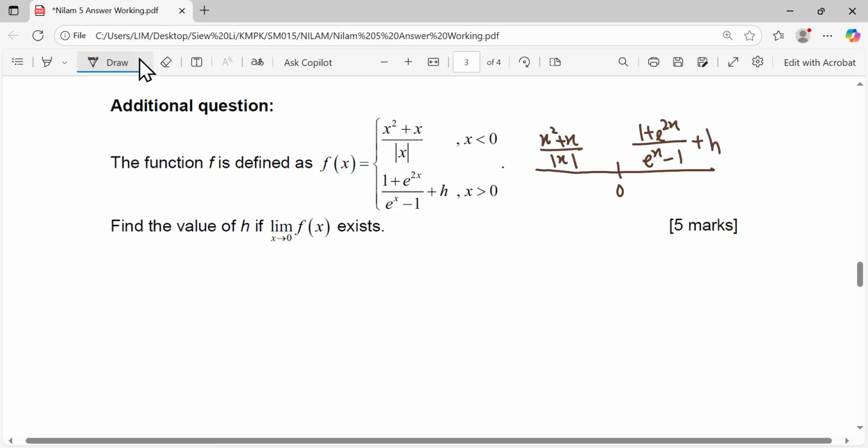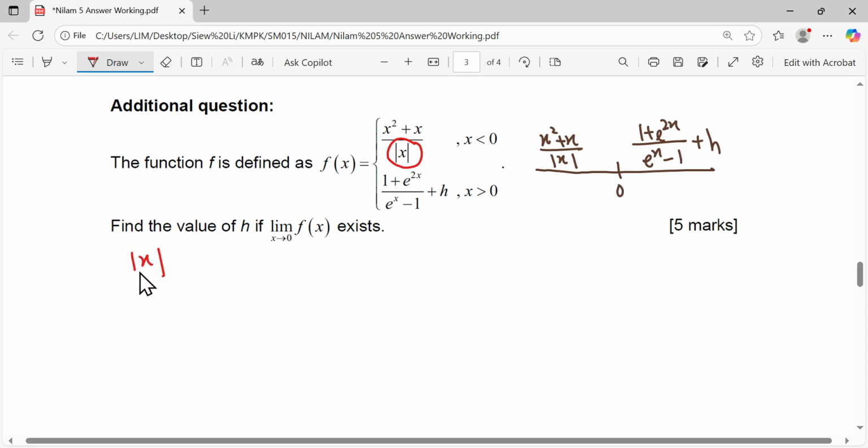And you notice here, our function involves a modulus function. So with a modulus function, when we're doing a limit, we need to identify the piecewise form selected in this region.